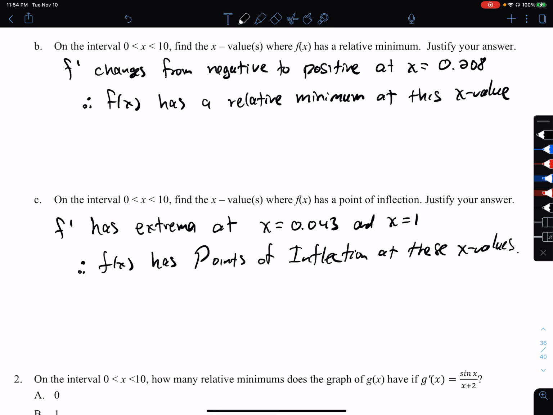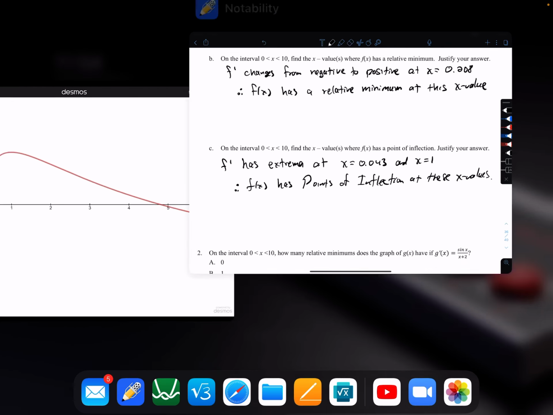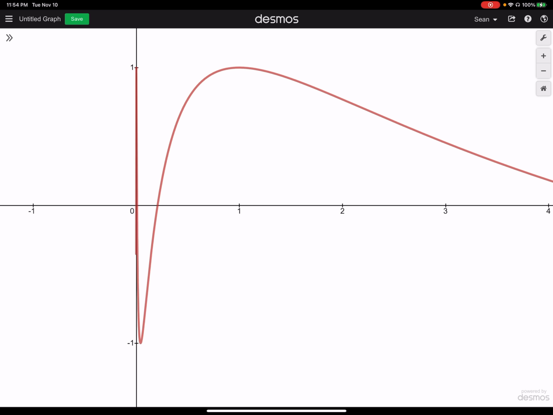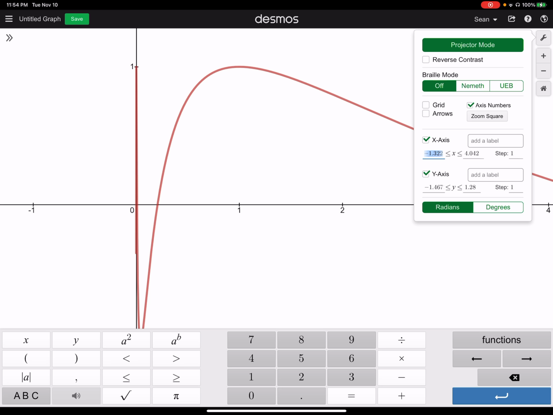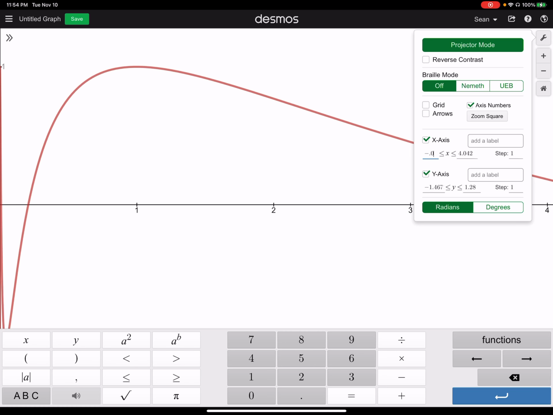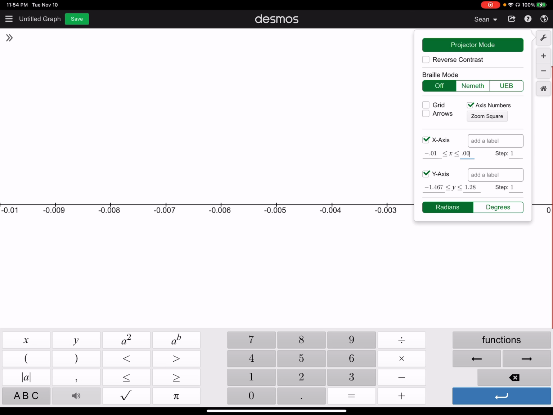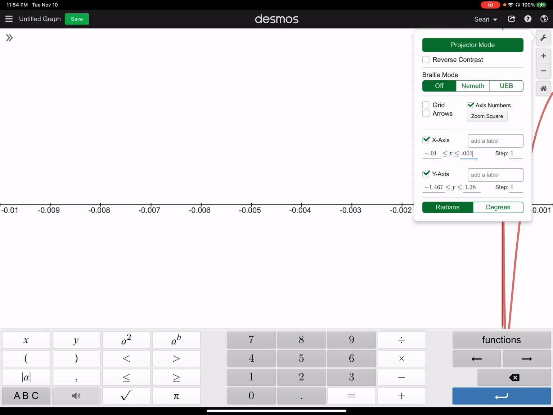As I'm writing that, I'm curious more about that graph. Let's look back at that again real quick to make sure we didn't miss any. So I want to zoom in super close here with these x values. So I'm going to go negative 0.01. And here I'm going to go positive 0.001.